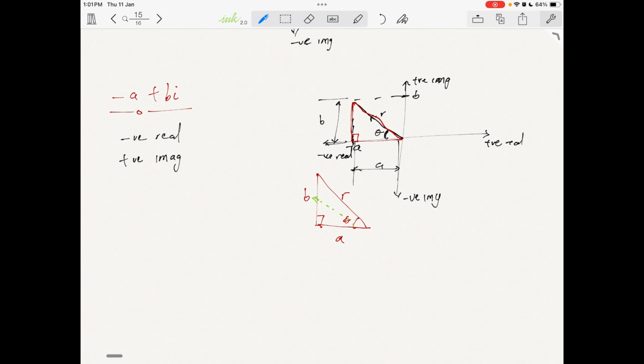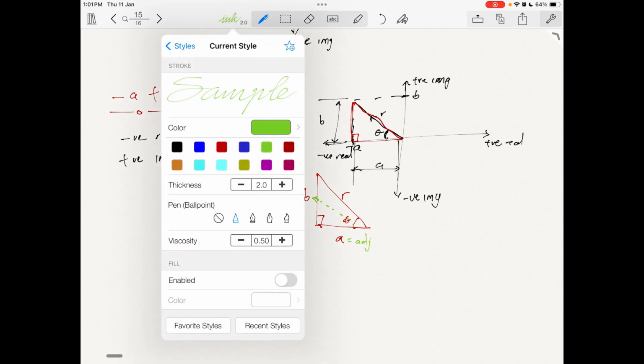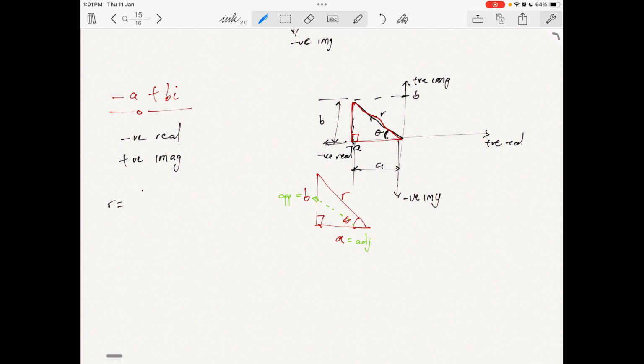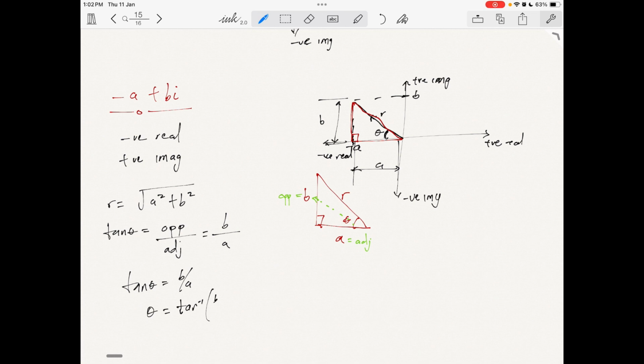The side facing the angle is b, so b is the opposite and a is the adjacent. So we come to the conclusion that r, as we know, is the square root of a squared plus b squared, and tan theta is equal to opposite over adjacent. Opposite is b and adjacent is a. So tan theta is equal to b over a. Therefore theta is equal to arctan b over a.